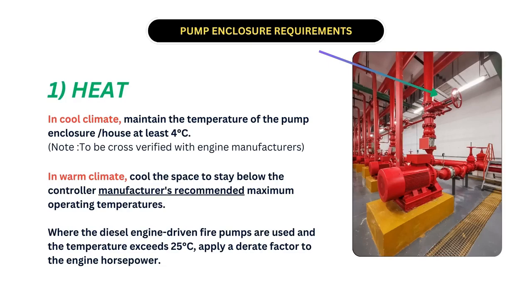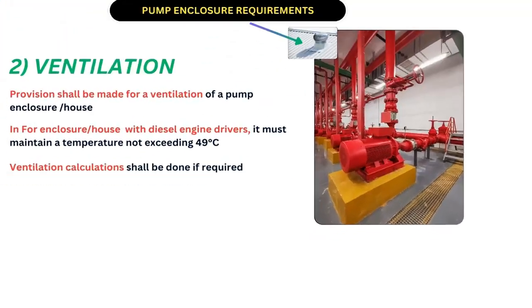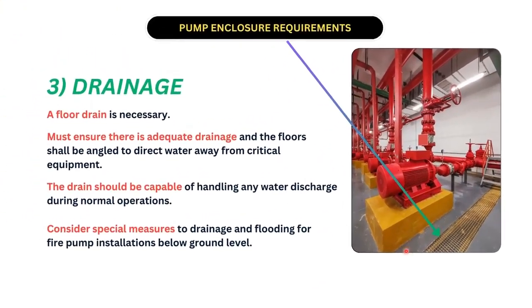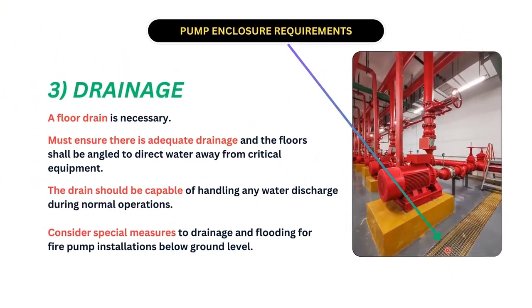Provision shall be made for ventilation of a pump enclosure, and ventilation calculations shall be done if required. Drainage is also an important requirement for a fire pump room. A floor drain must be installed in the fire pump room, and it must ensure there is adequate drainage, and the floor shall be angled to direct water away from the critical equipment.